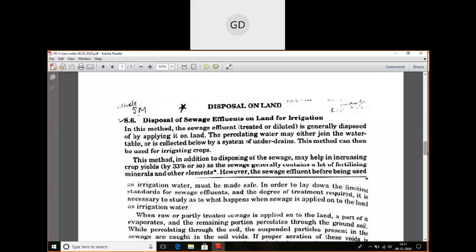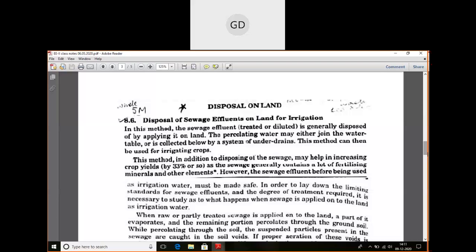Now, in order to lay down the limiting standards for sewage effluents and the degree of treatment, how much treatment is required, it is necessary to study what happens when the sewage is applied on the land as irrigation water.